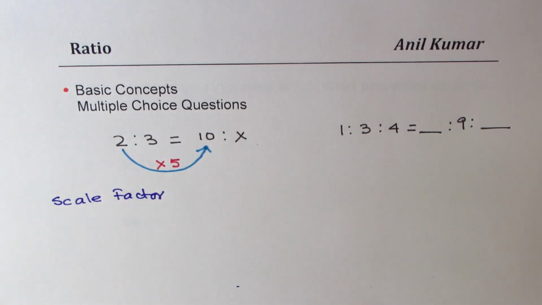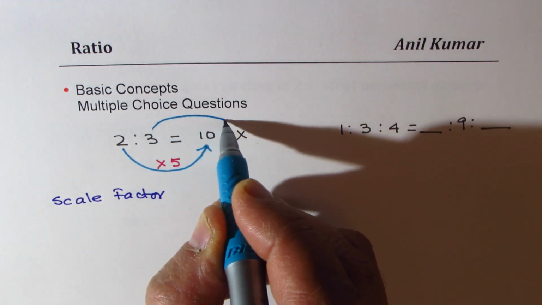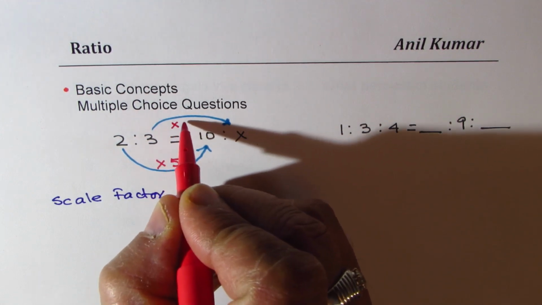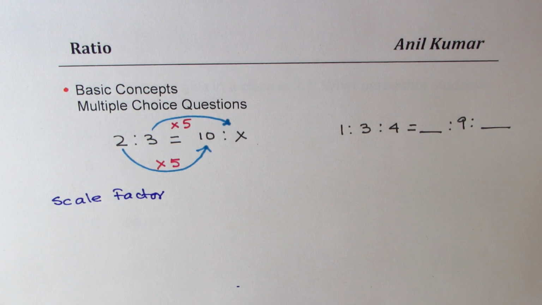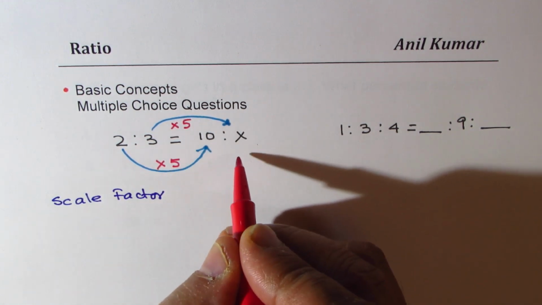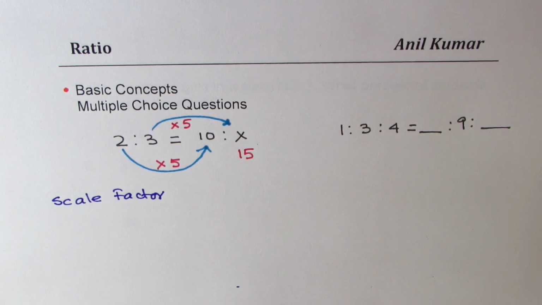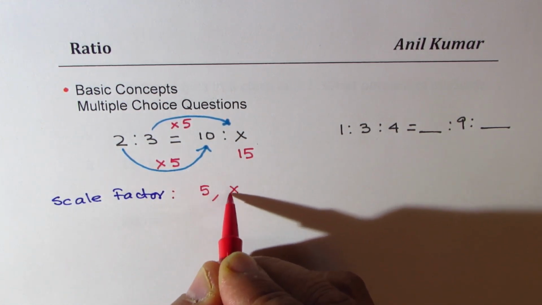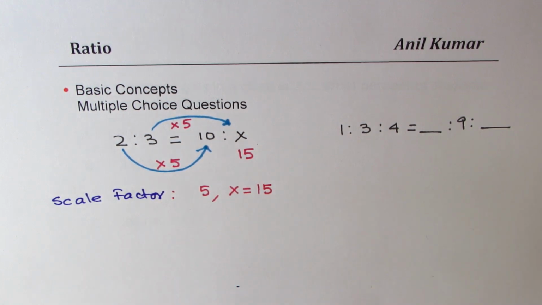So in the same ratio, to find x, we should multiply 3 also by 5. So if I times 3 by the same number, scale factor 5, what do I get? 3 times 5 is 15, and therefore in this particular case, scale factor is 5 and x is equal to 15. Perfect. So that is a very simple approach.